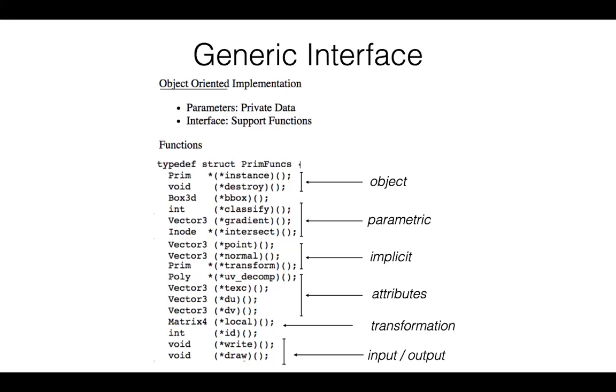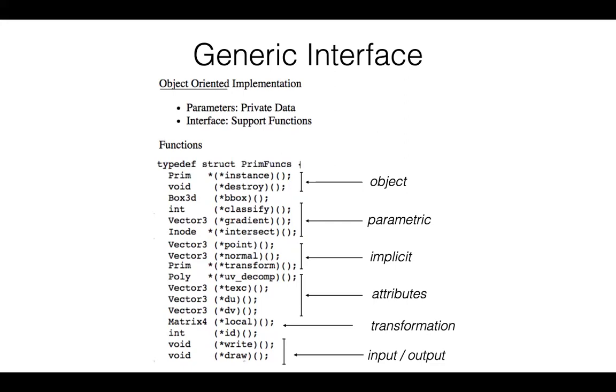And so here we have functions that are related to the object itself, like create a new object, destroy an object, and then functions related to the parametric description, to the implicit description, to attributes, to transformation, to input-output.